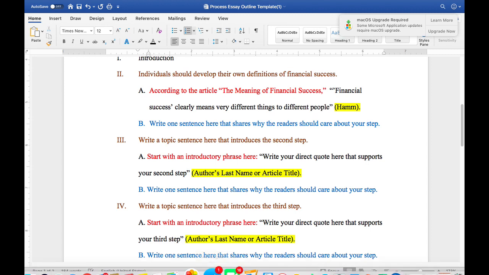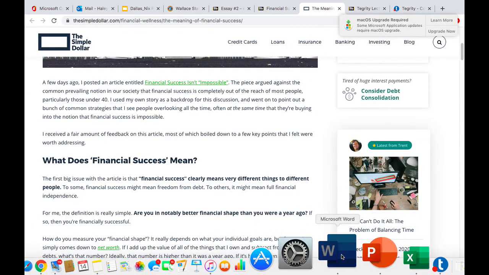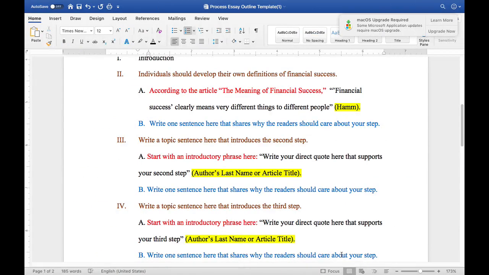I'm going to go back and make sure that's what it says. Okay, so that's what I'm going to use for my outside source information right there. So I have my intro phrase, I have my quote, and then I have my in-text.